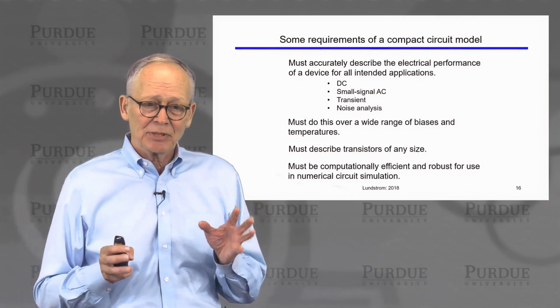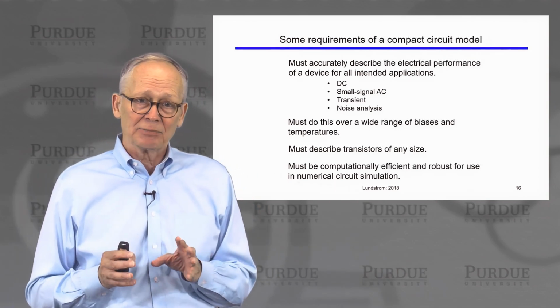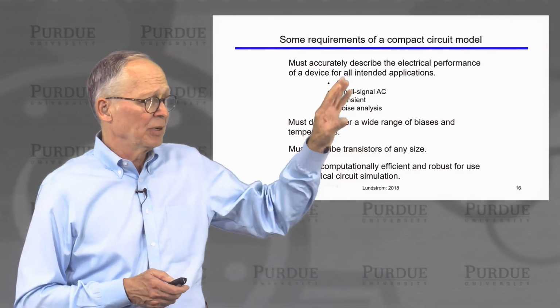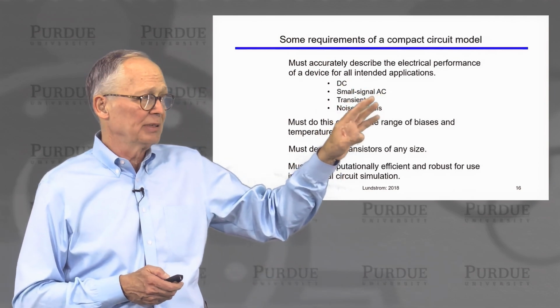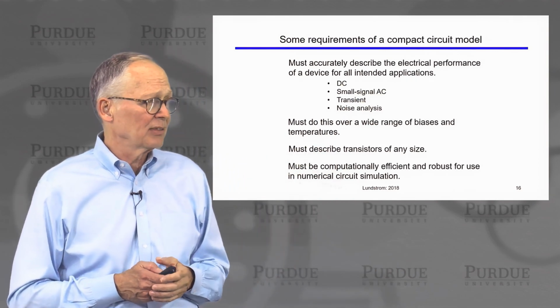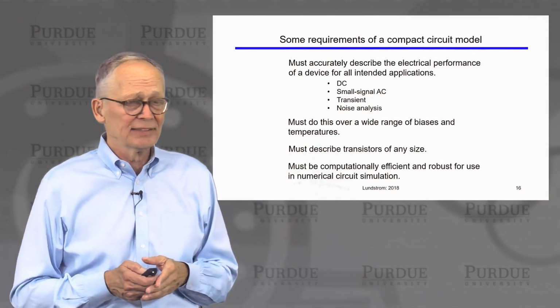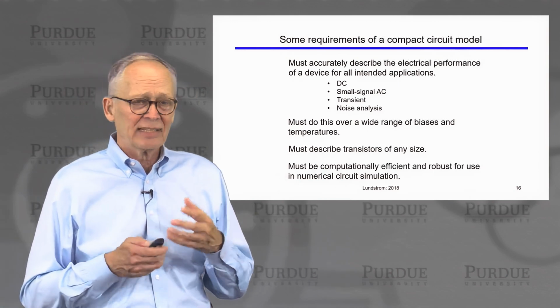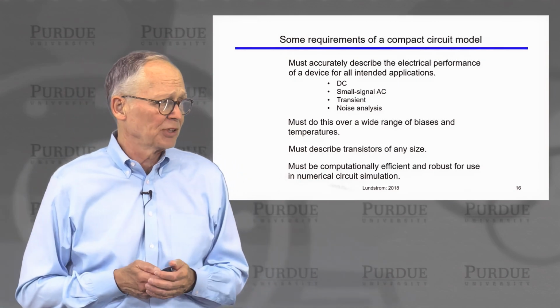So, some of the requirements of a compact model for circuit analysis are that we must accurately describe the performance of the device, not just under DC conditions, but under AC small signal conditions and transient conditions. We must include noise analysis and lots of factors that are important in real circuits.